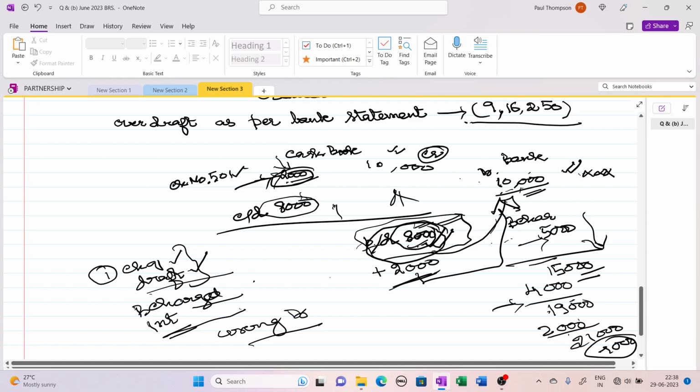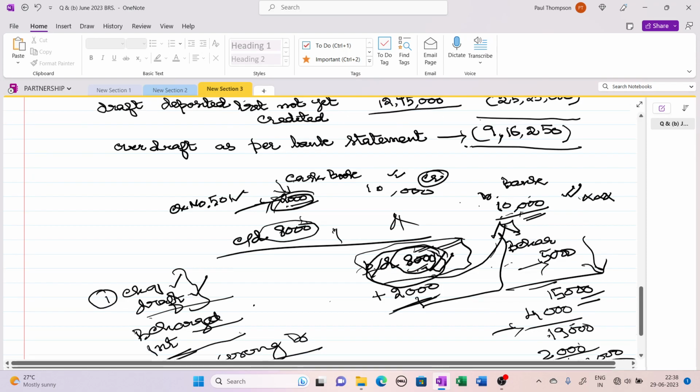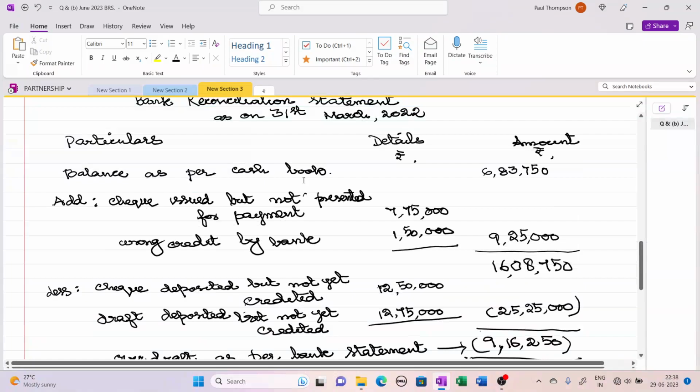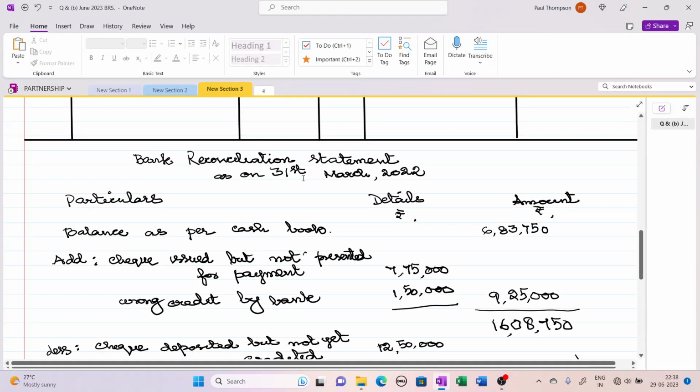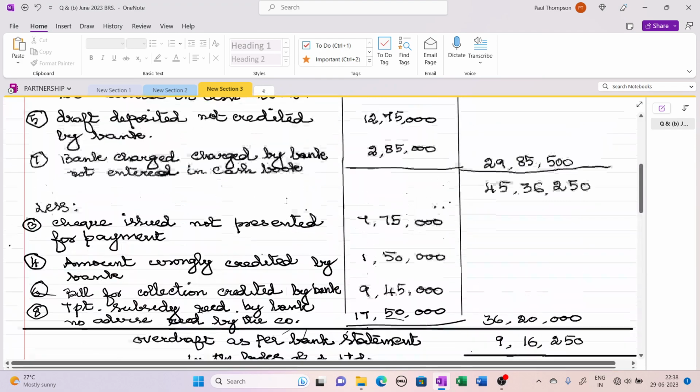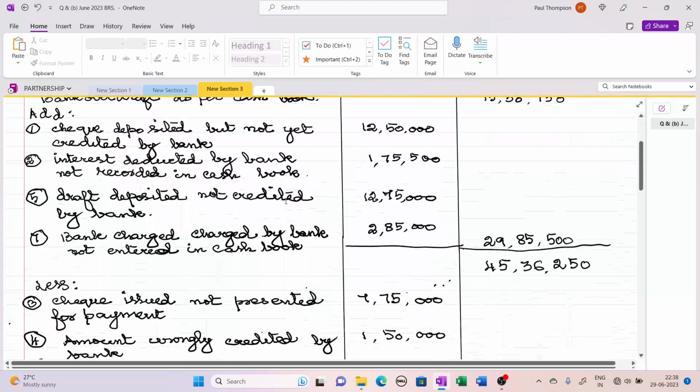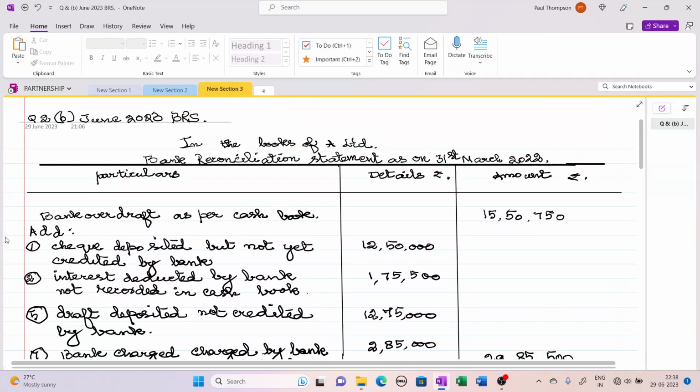So if you are thorough with these things, then you will be able to do your BRS within no time, because you need not think whether I should add or deduct. You will be able to do it at a faster rate, so that for 5 marks, where 8 entries are given, some of them will be added, some of them will be reduced. So add and less, you put first.